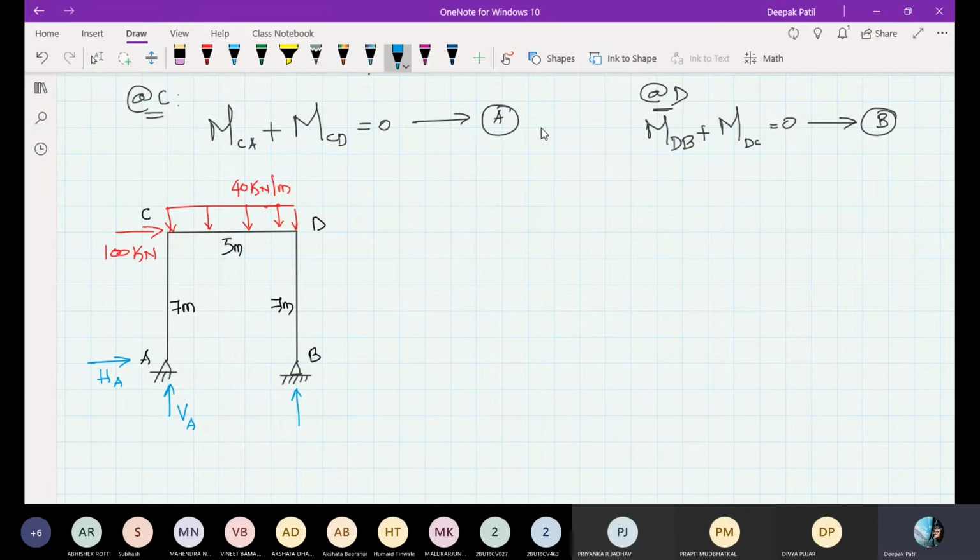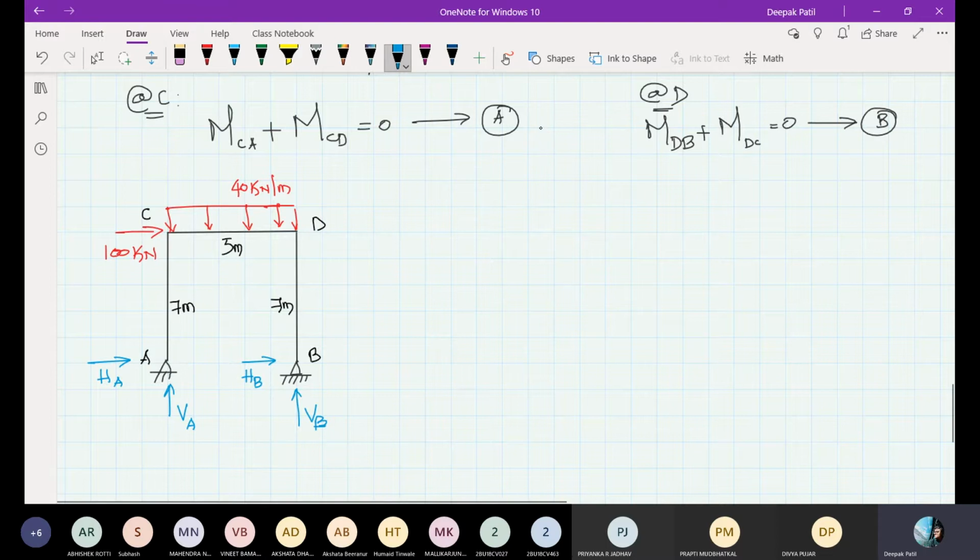Similarly, here also I will call this VB, and let me call this HB. So this is the vertical direction. I don't know how the horizontal will be directed, but as an initial assumption, I am assuming that the horizontal reactions are on this side only.